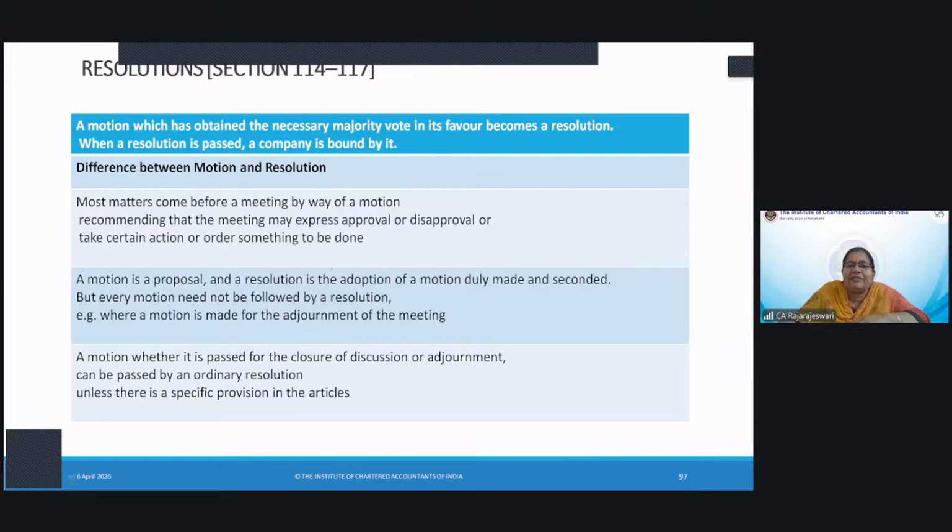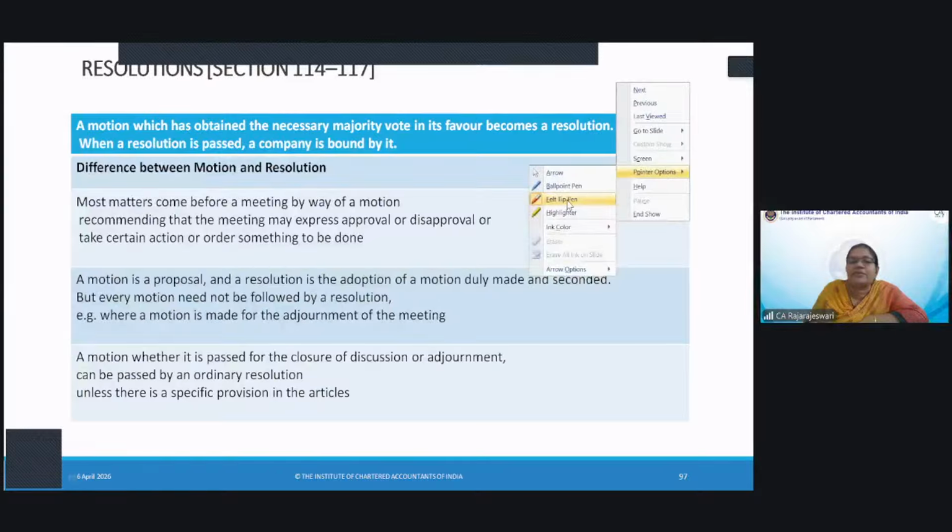So, what is the difference between a motion and a resolution? See, most matters come before a meeting by way of motion, recommending that the meeting may express approval or disapproval to take certain action, or that something should be done in that case.